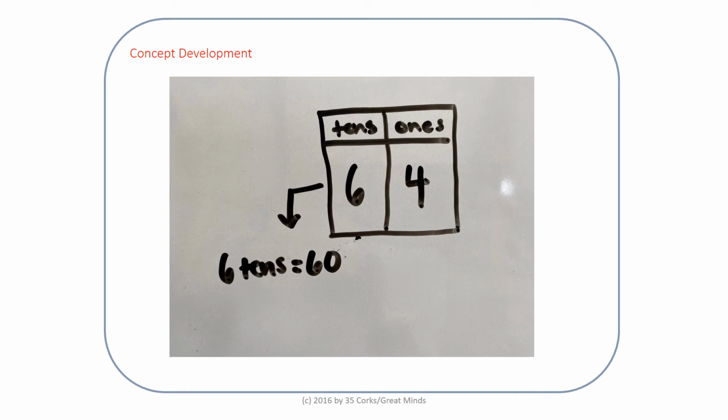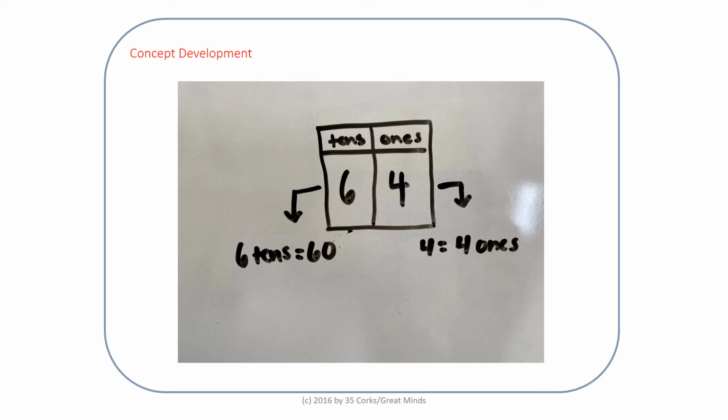What does the digit 4 stand for? 4 is the same as 4 ones, or it's showing us 4 ones. What is 6 tens and 4 ones, or 60 and 4?